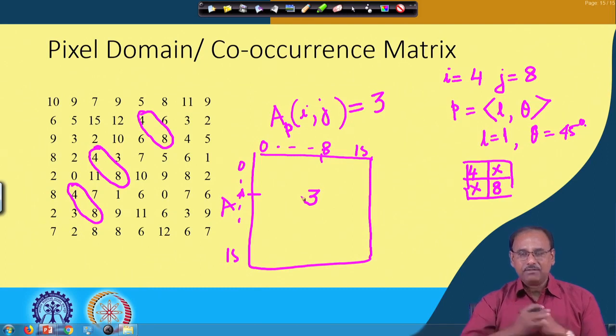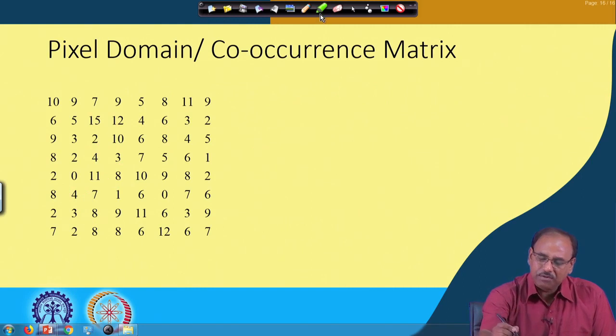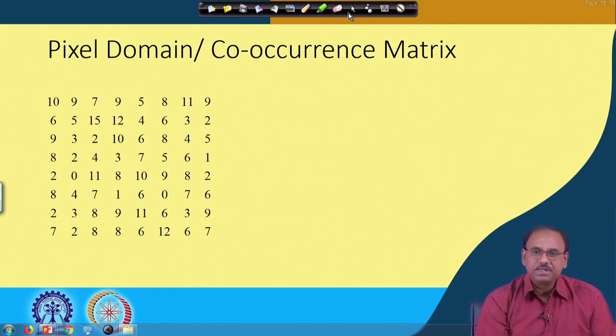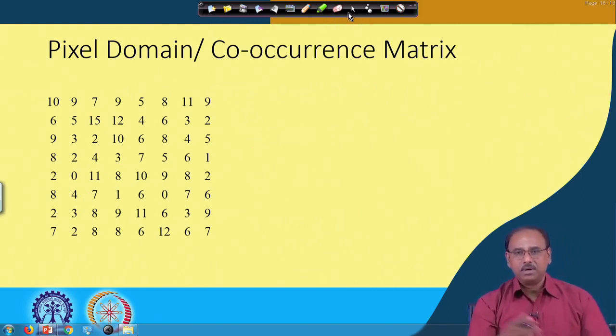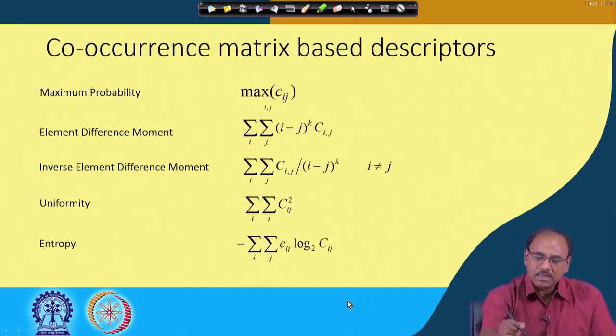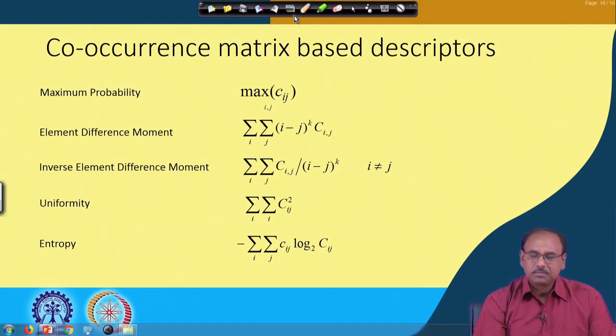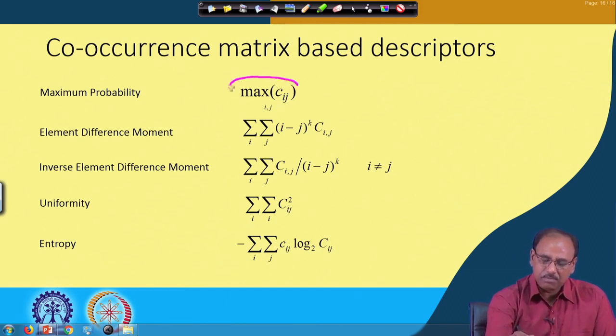Once I have this probability distribution, I can compute different types of features from such a matrix. One feature is the maximally occurring pair of intensity values, that is, the maximum probability.